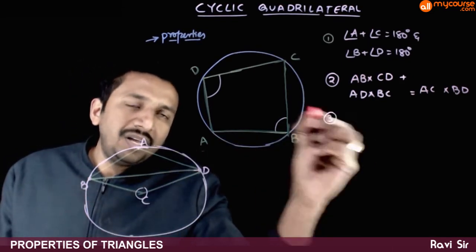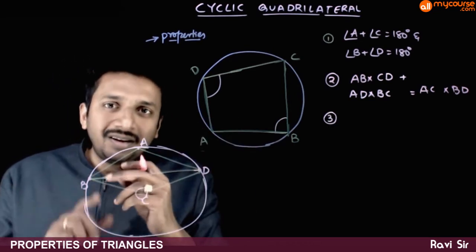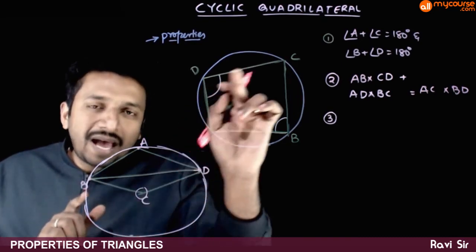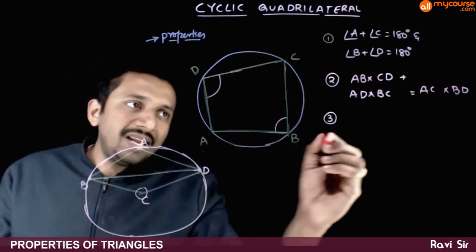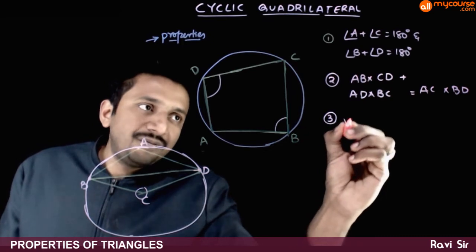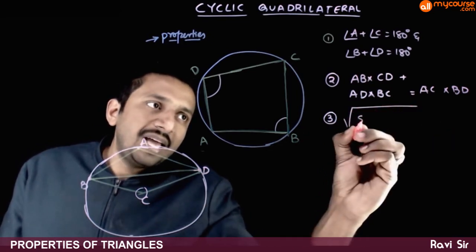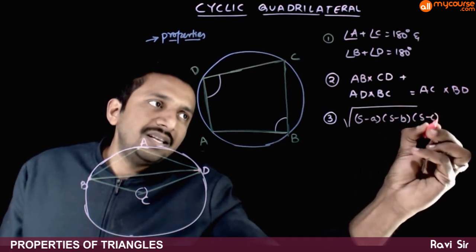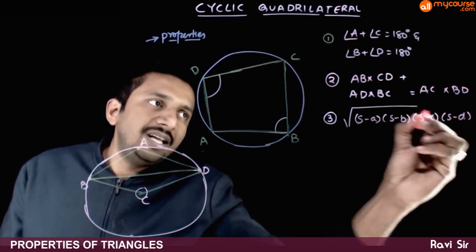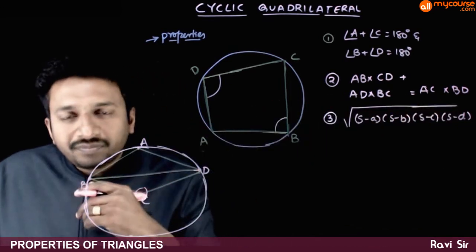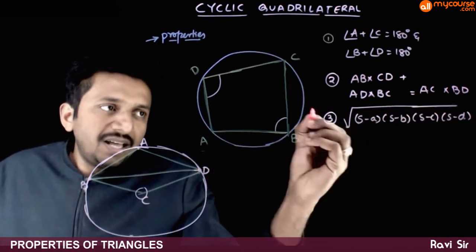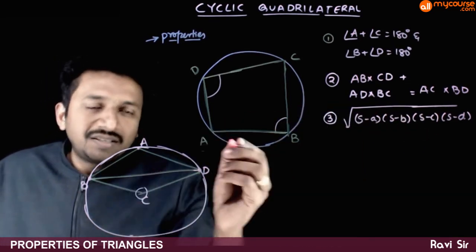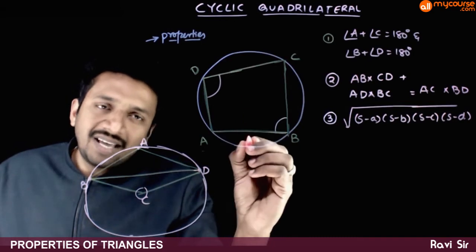The third property of the cyclic quadrilateral concerns finding its area. If you have a cyclic quadrilateral, the area can be found by the formula: square root of (S minus A) into (S minus B) into (S minus C) into (S minus D).